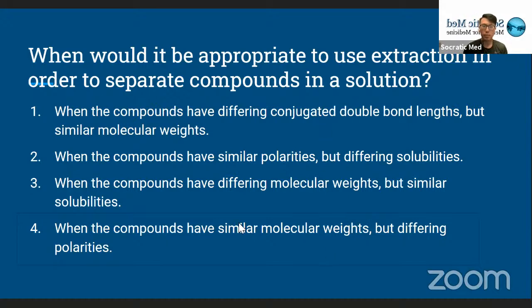Extraction wouldn't separate compounds depending on their molecular weight, solubility, or double bond length. So extraction is used for different polarities. That's the key point to get out of this.